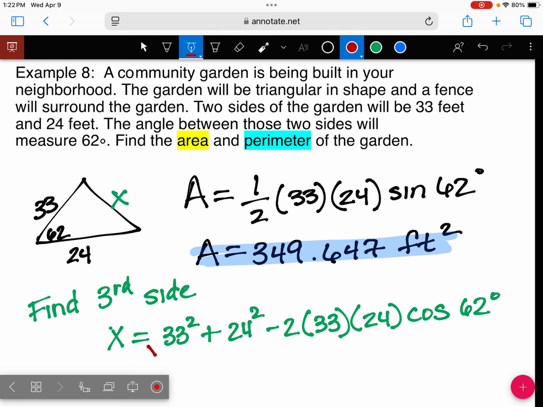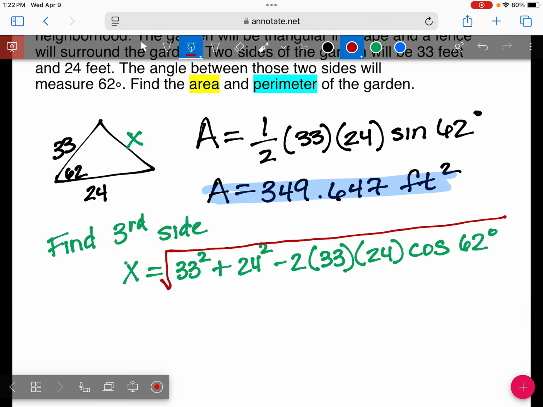But to find X, we would just type that whole thing in under a square root. So who got that last side is about 30.354 feet.